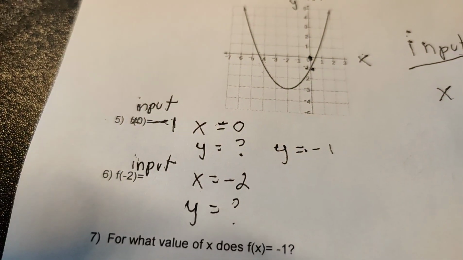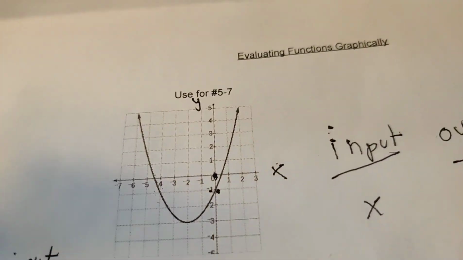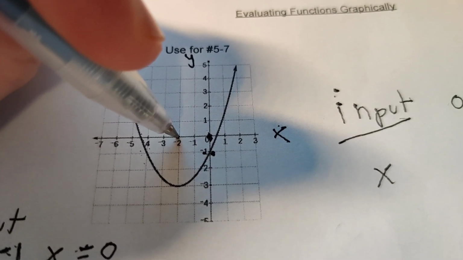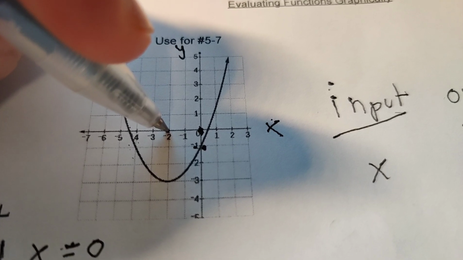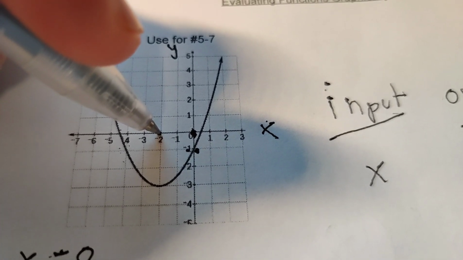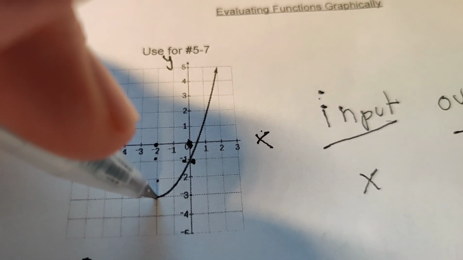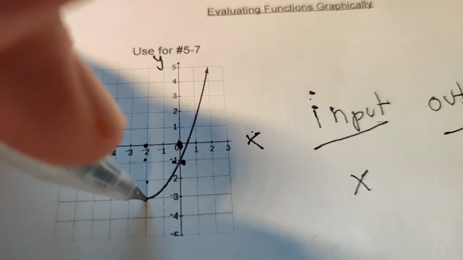All right, so we're going to go find -2 on the x-axis, which is right over here. Okay, and then we want to go up or down to meet the graph. So from -2, we're going to have to go down here. All right, now where my pen is at, what's the y value?